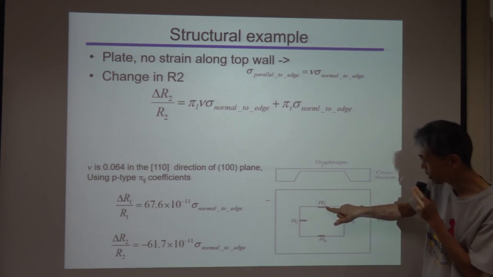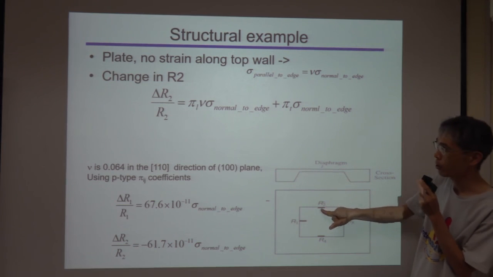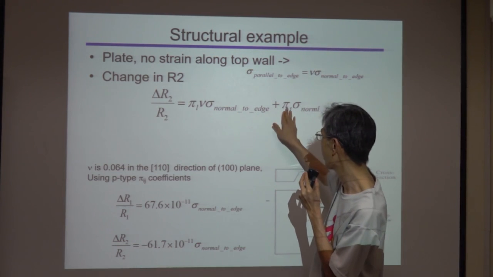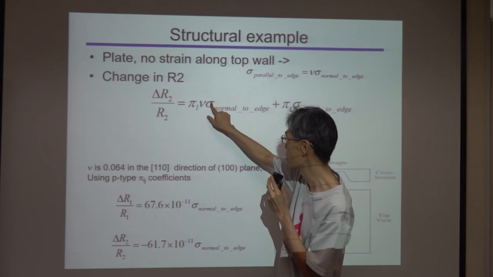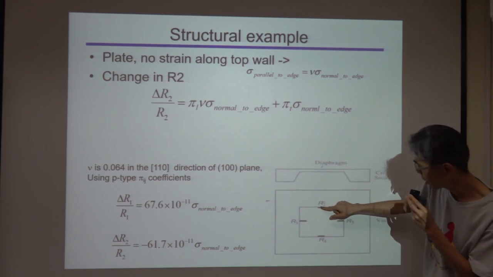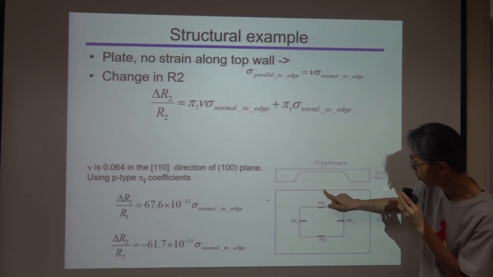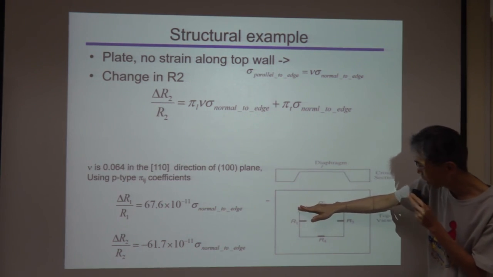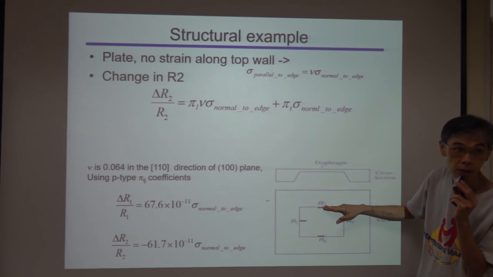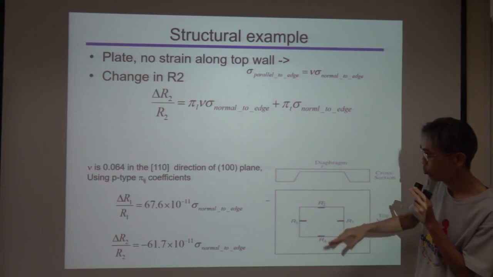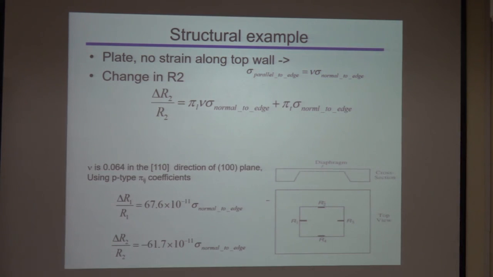Now, let's focus on R2. In the R2 direction, delta R2 divided by R2, we have pi L sigma L plus pi T sigma T. Sigma L now is along the H direction, and sigma T is normal to the H direction. But in this direction there's no strain.